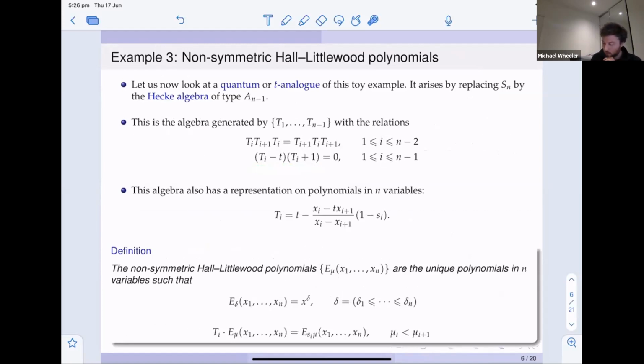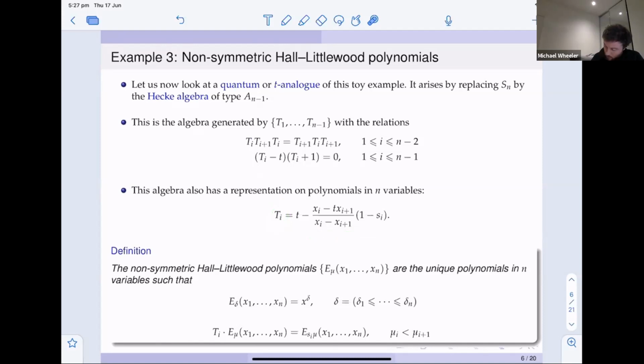So one of the consequences is that now if you want to actually find a representation of that algebra, well, the representation is not going to be as simple now. We'll have to introduce these so-called divided difference operators here. So a valid representation of that algebra is to identify T_i with the expression that's given here.